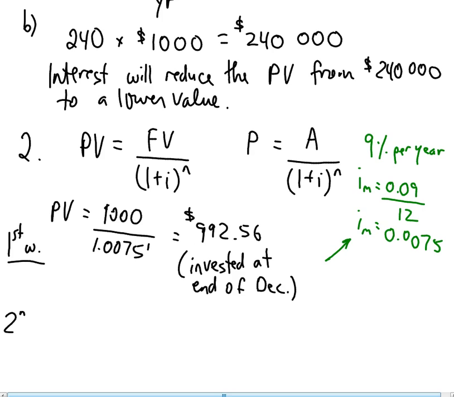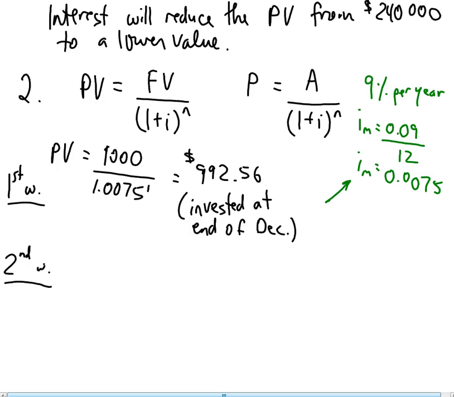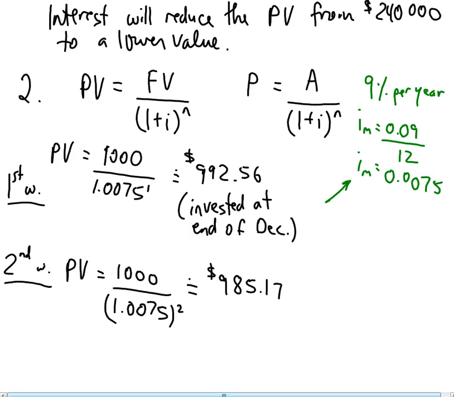And of course, the money still needs to be there at the end of December. However, the amount has twice as long to compound, so the present value for the second withdrawal would be $1,000 still in the future, where the monthly rate compounds twice, and that will give us a lower value, we'll see. And of course it does.